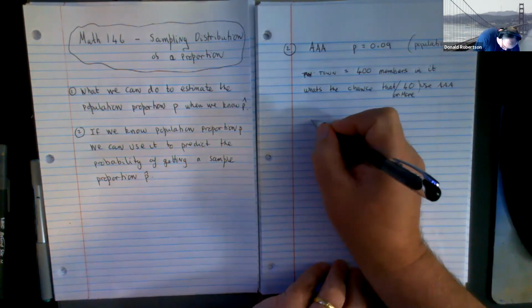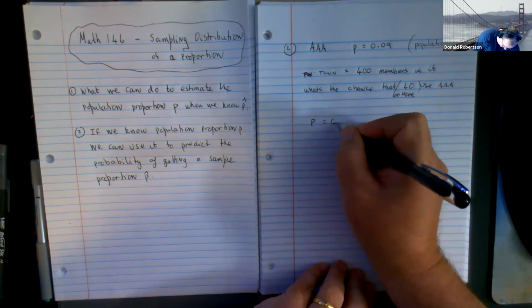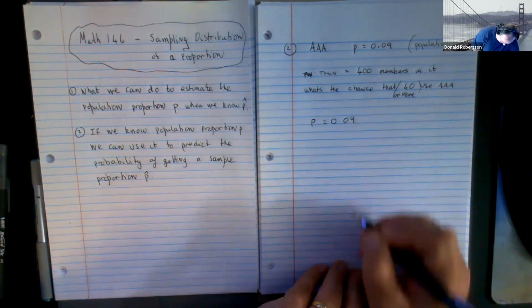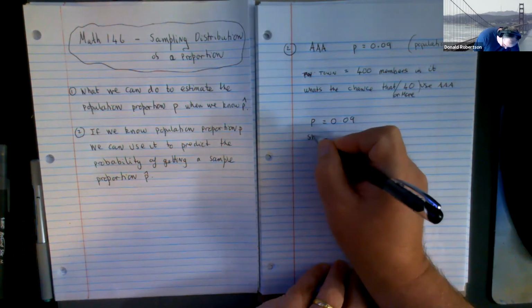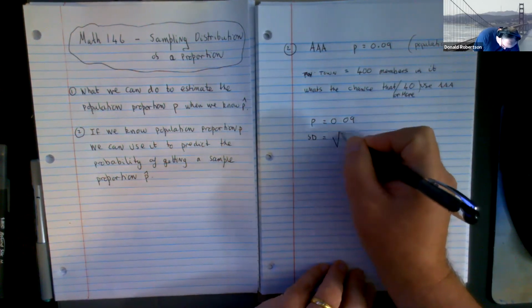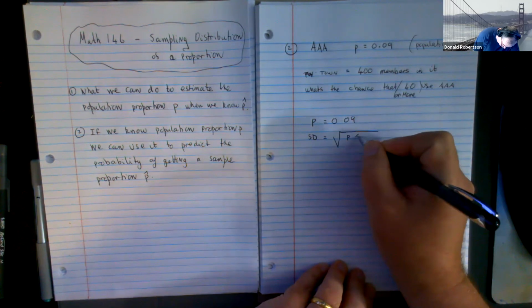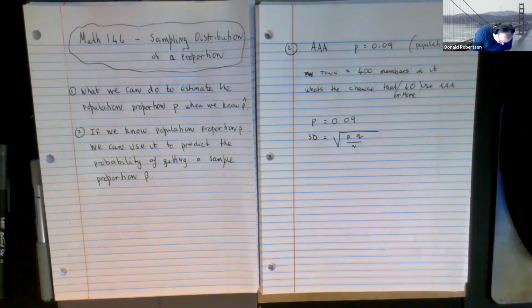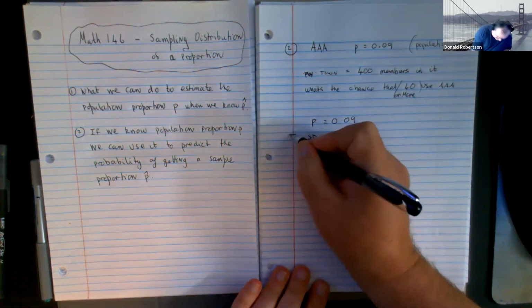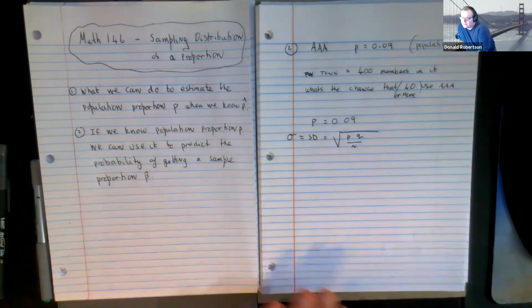Well, I know the population p. I know the standard deviation, which is the square root of pq over n. Now, do you notice that when it's a population, it's called standard deviation? If you prefer, I'll use sigma, right?